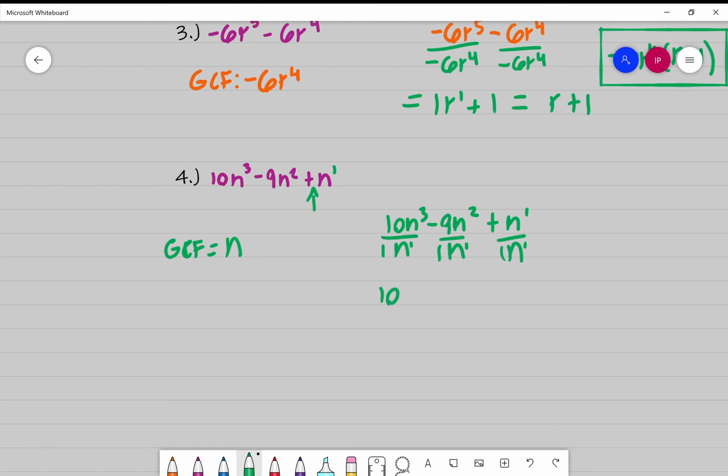N to the third over n to the first is n to the second. We bring down the subtraction symbol. 9 divided by 1 is 9. N to the second over n to the first is n to the first, or just n. And then n to the first over n to the first is just 1. So we're going to bring down this plus 1. And then to complete our answer, we just surround it with parentheses, and we put our GCF on the outside.